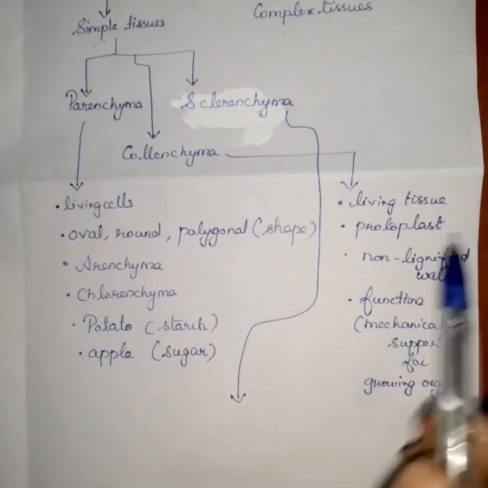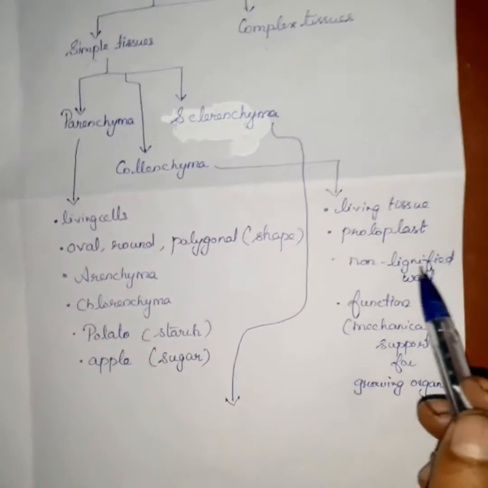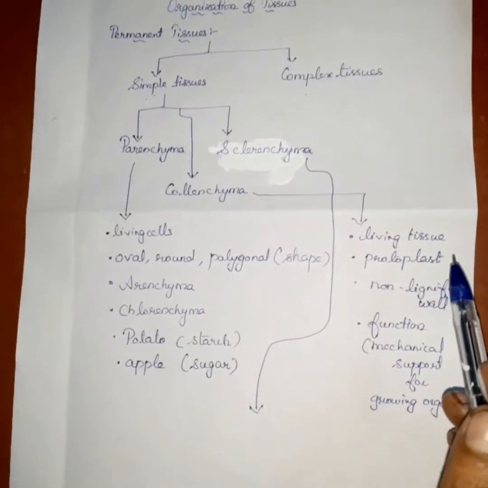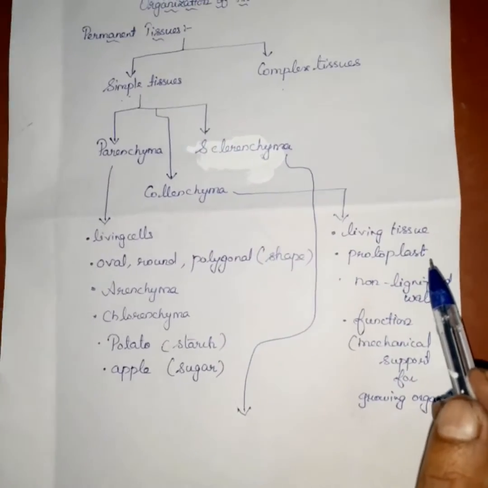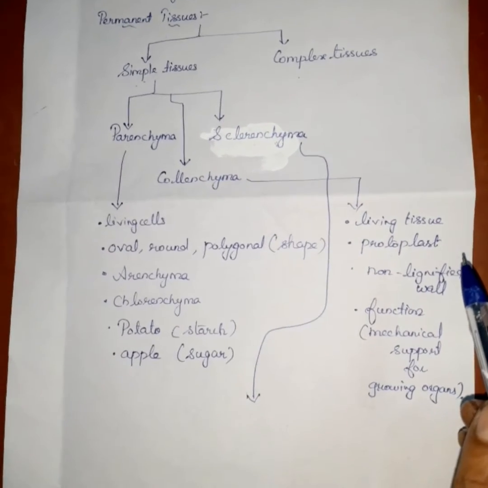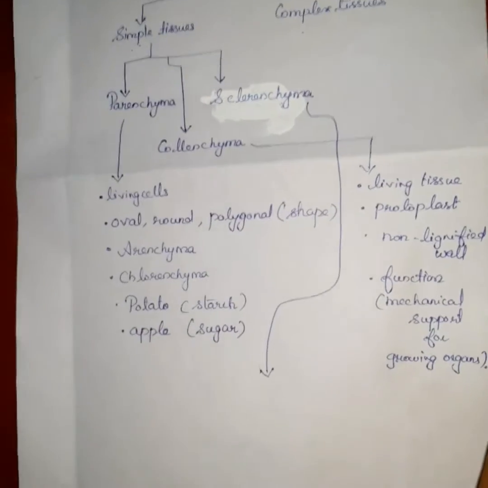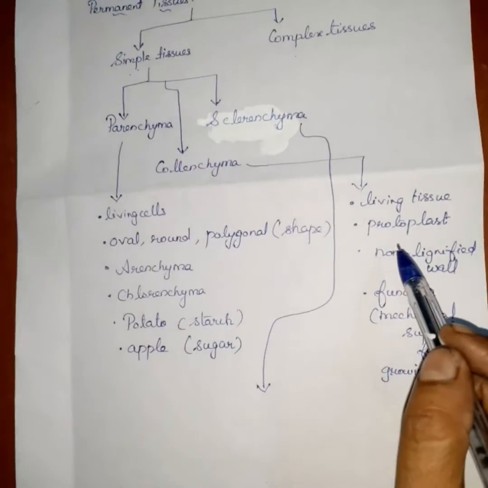Now we are going to study collenchyma. Collenchyma is a living tissue. They have thick walls and have the protoplast.